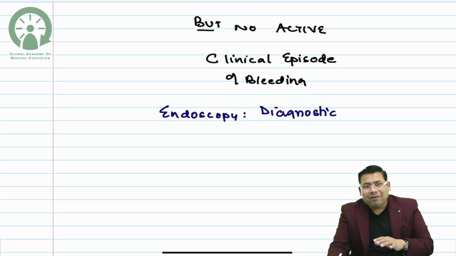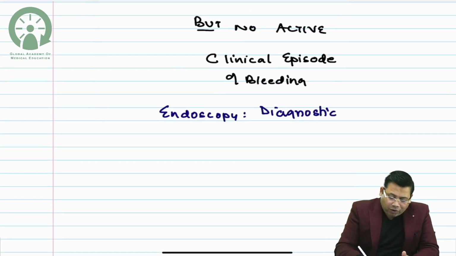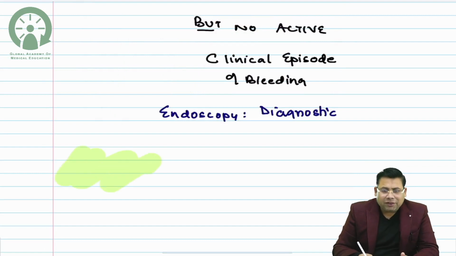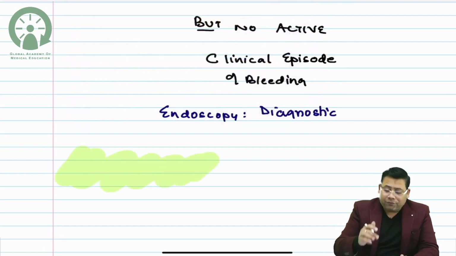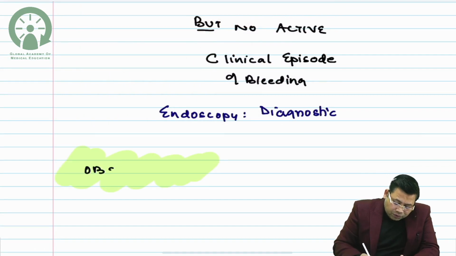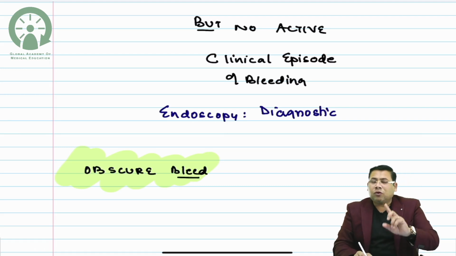Now there's one more term, obscure bleed. Many of us actually interchange and use this word obscure versus occult. Now try to understand that they are two different words. Before we go to obscure bleed, what was occult bleed? Endoscopy detected the thing, but clinical episodes were missing.